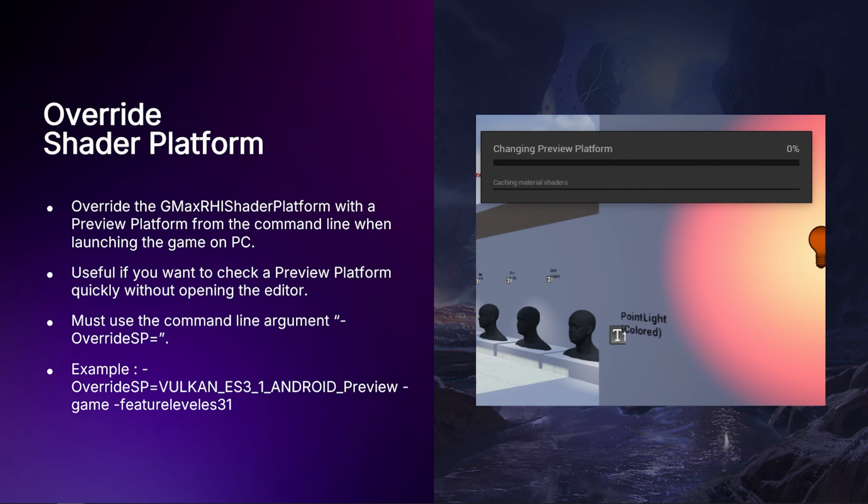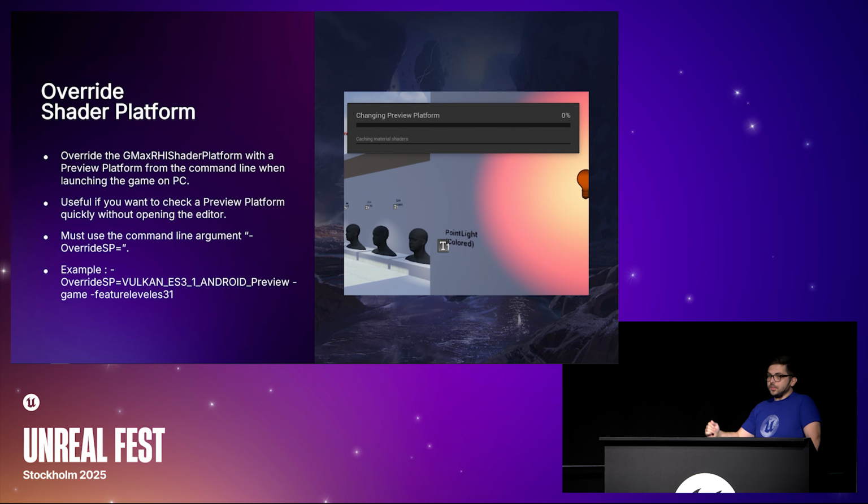And a more niche feature is the override SP command line argument. This is for people that don't want to enter the editor. If you know the preview platform name, you can just set it up like I did in the last bullet point, for example, with -game, -feature level, ES31.